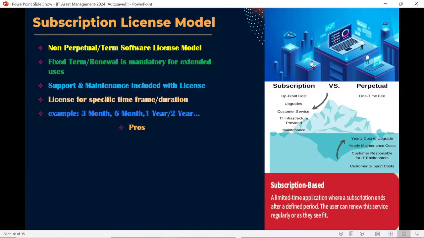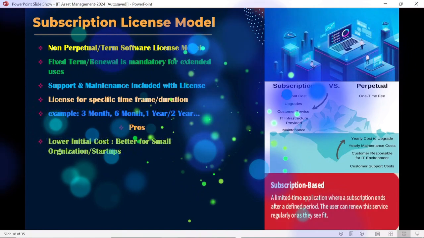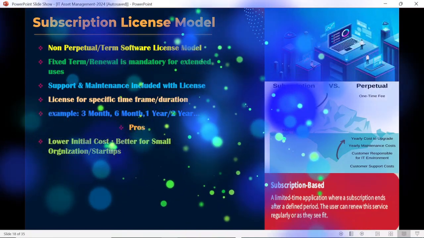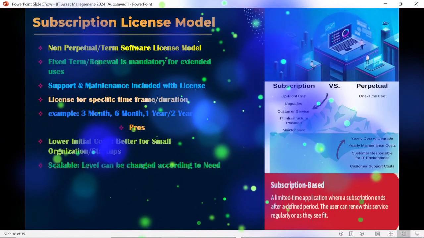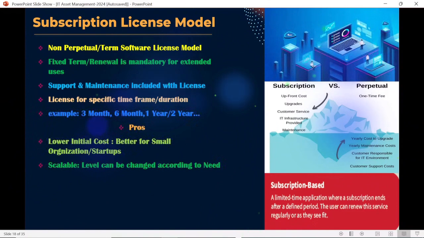So as we discussed some pros of perpetual, we are going to discuss some pros of the subscription model also. The first benefit, or I will say the advantage of having a subscription model in place, is lower initial cost, so that small businesses or even startups can buy the subscription product. The second benefit is that subscription products are more scalable.